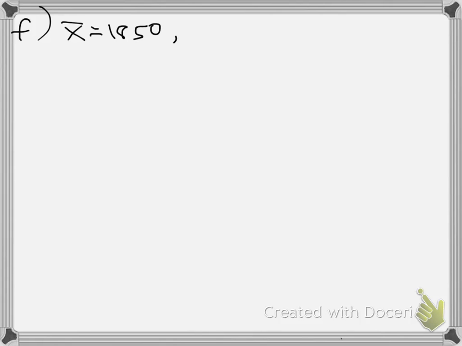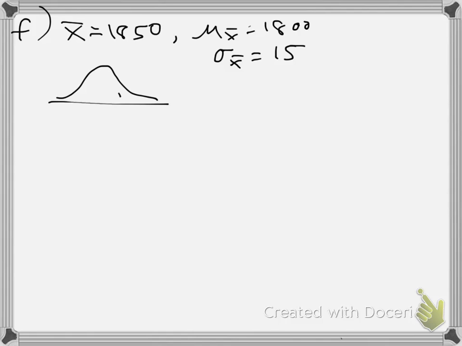Okay, so I'm going to use the mean and standard deviation of that bell curve that we sketched in part E. So that had a mean of 1800 and a standard deviation of 15. So I'm asking, what's the probability we get something 1850 or greater, which we already said was well over 3 standard deviations to the right of the mean. So this should be a quite unusual event.